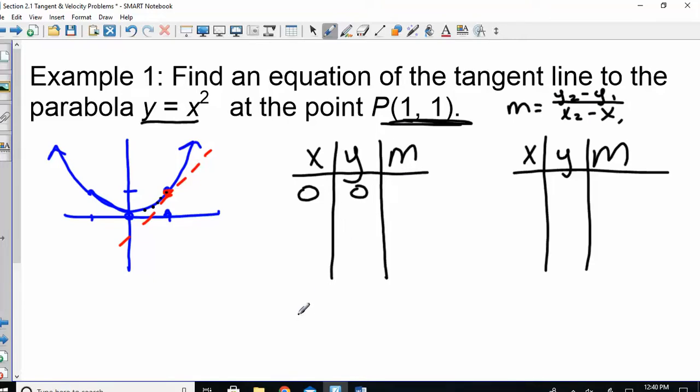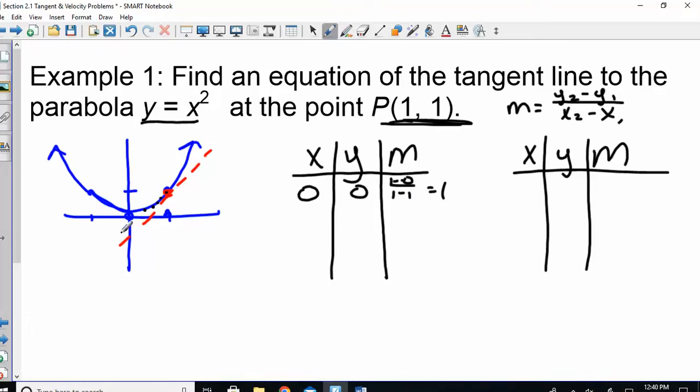So we're finding the slope between (0, 0) and (1, 1). If I did that, I would have 1 minus 0 over 1 minus 0, and we get the slope of 1 right there.